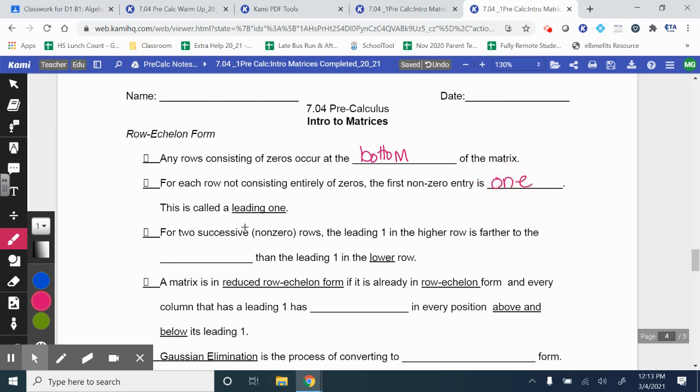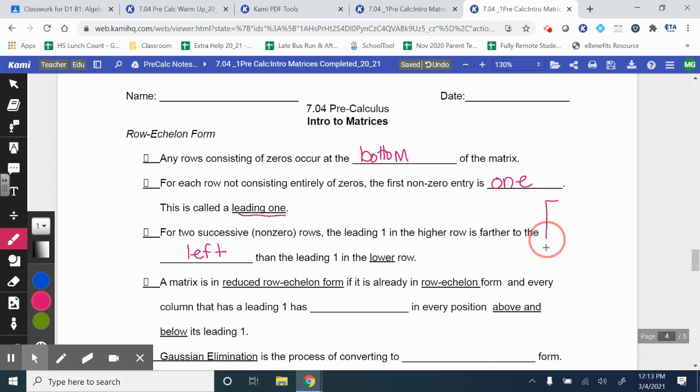We call that your leading one. For two successive non-zero rows, the leading one in the higher row is further to the left than the leading one in the lower row. We call that like a staircase.